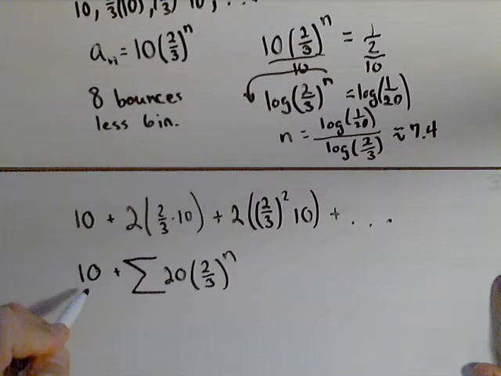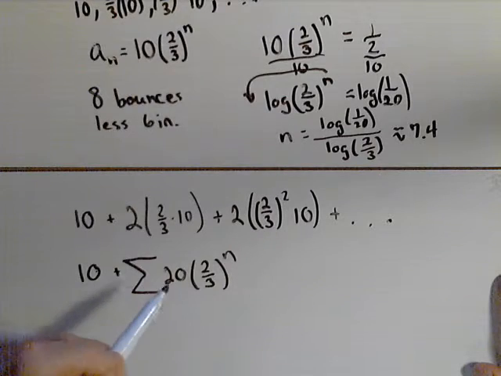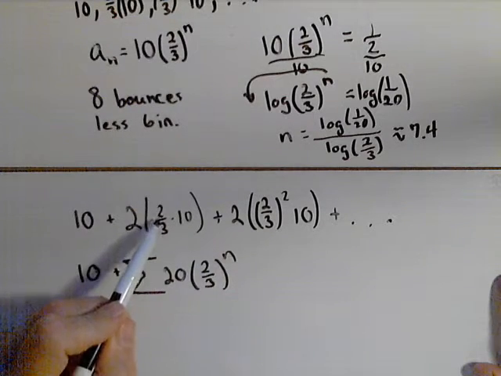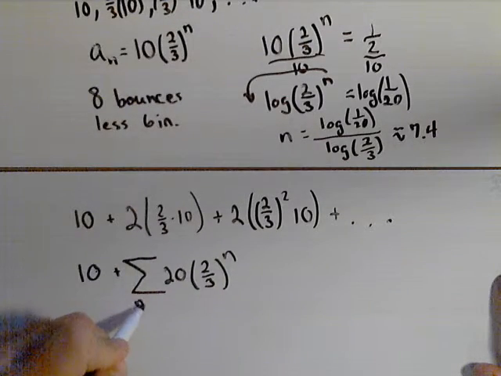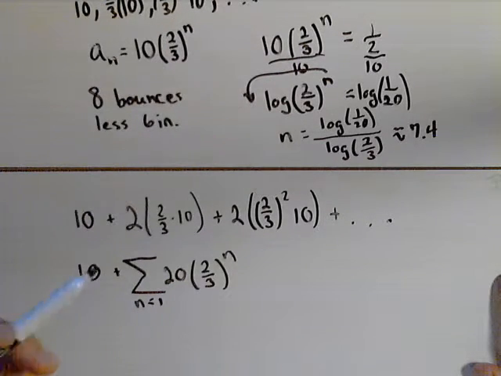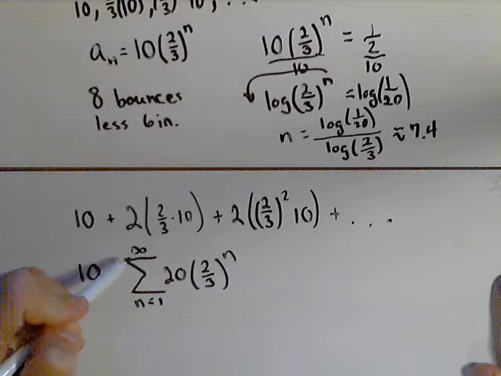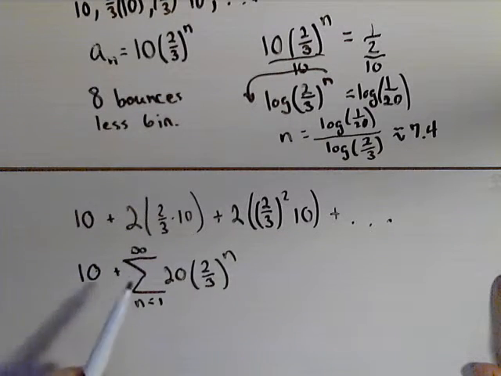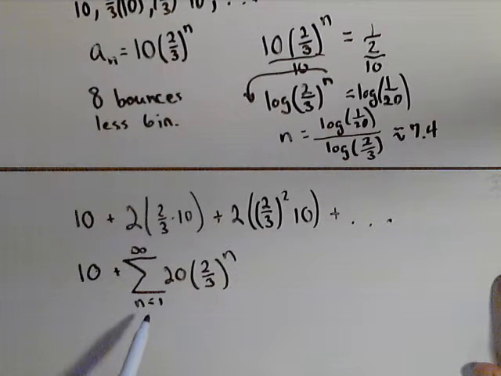So that's where it breaks from the pattern, and we don't want to include the first term, but every other term we can. Here, notice that it starts at 2/3 to the first, so I'm going to start at n equals 1. And we want the total distance traveled, so we want to measure this as it goes to infinity. So we have 10 plus an infinite geometric series.